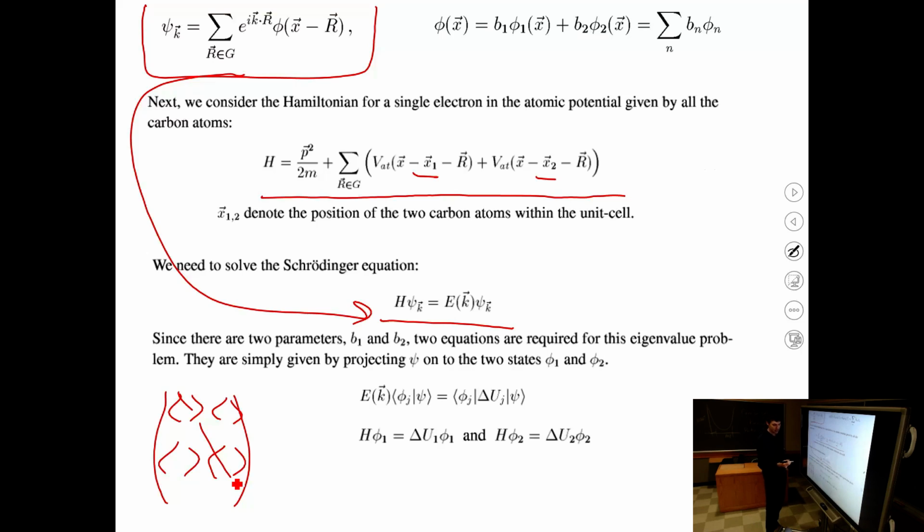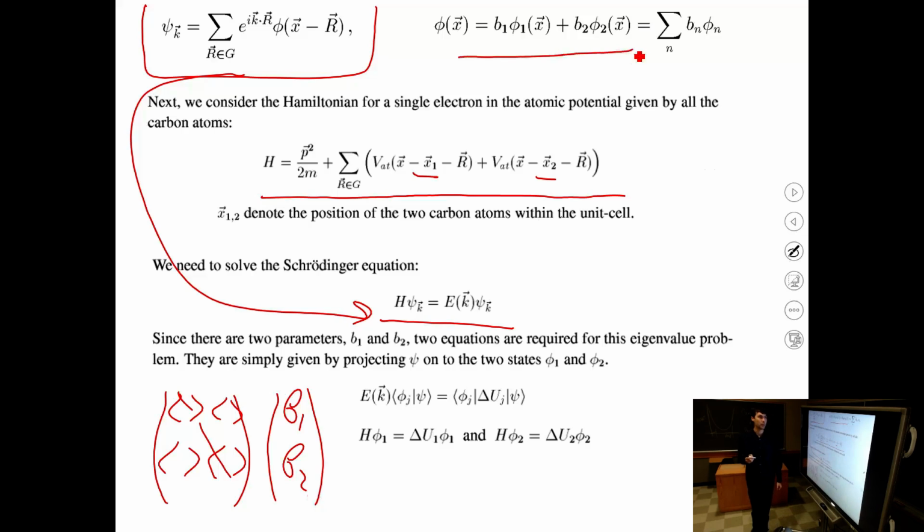And in this case, for the basis of this matrix, we can choose the probability to be either on sublattice A or sublattice B. So we are going to project it on these phi functions here. And in this form, if we project this Schrödinger equation onto the phi functions here, we need to calculate various matrix elements.